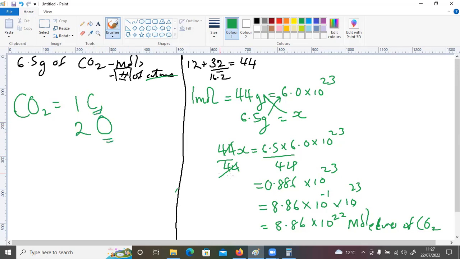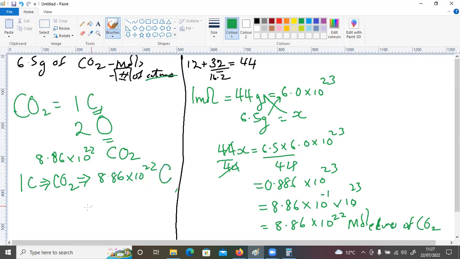So if I have 8.86 times 10 to the power 22 molecules of CO2, how many carbons do I have? It's one carbon for one CO2, so I have 8.86 times 10 to the power 22 atoms of carbon.